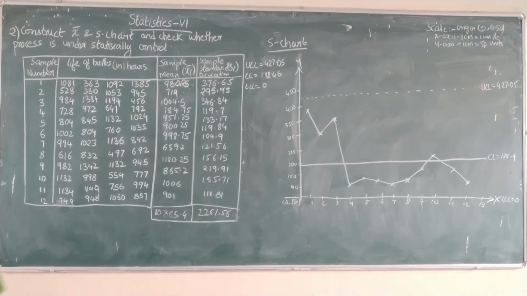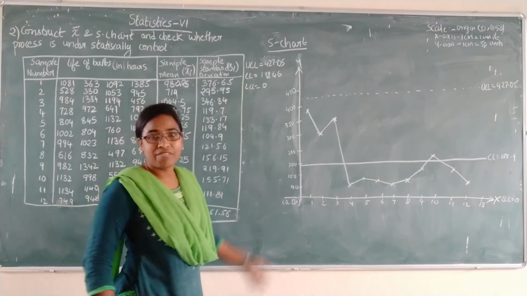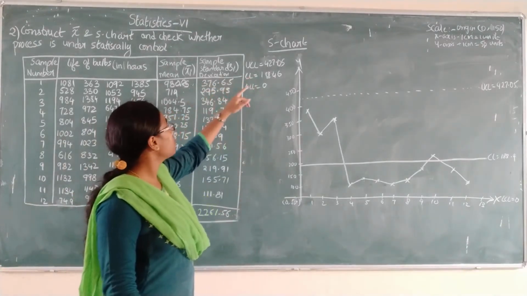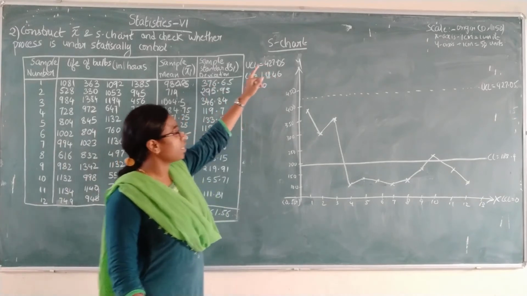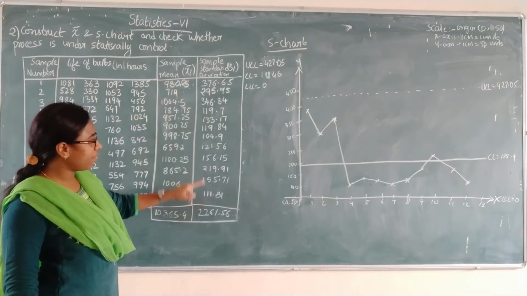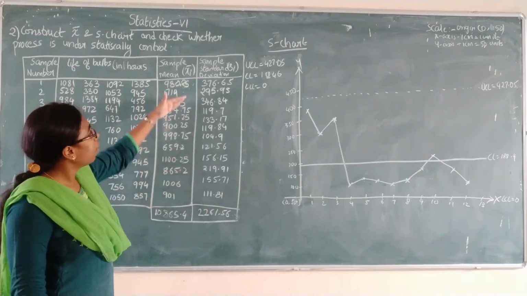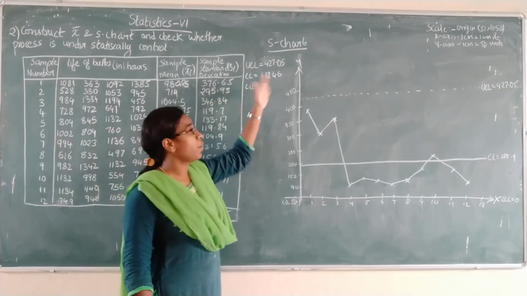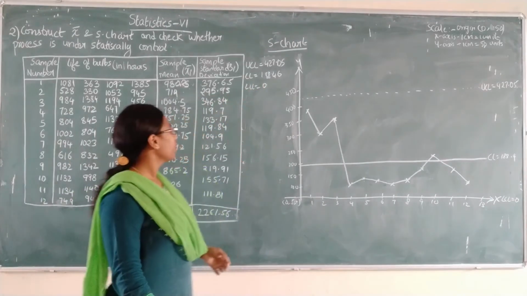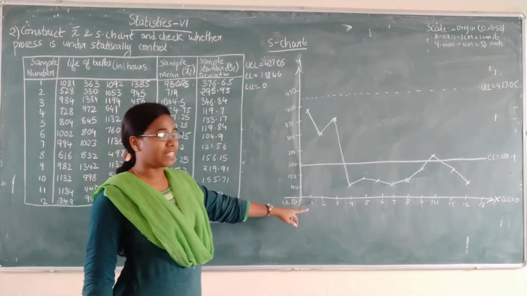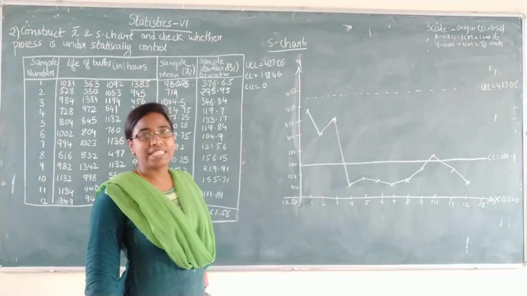Now coming to the S chart, this is the graph for the S chart. If you observe the values, UCL is the highest, that is 427, and here also you don't have any values above 400. All the values are up to 370, 380 only. So for the last value I can write up to 450, and the least value is 0, and on the x-axis itself we will be drawing the LCL value.